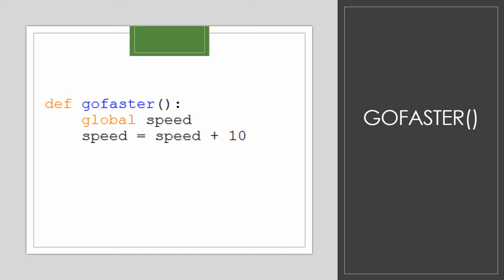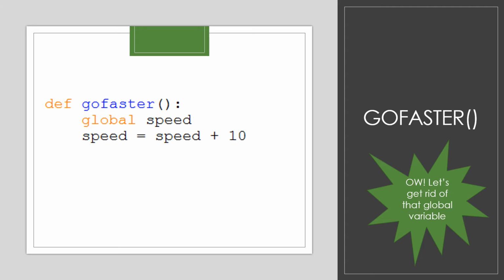The go faster procedure looks like this. It increases the speed of the car in the main program. But look, it's got a global variable in it, and we know the risks of using global variables, particularly in controlling the speed of a car.